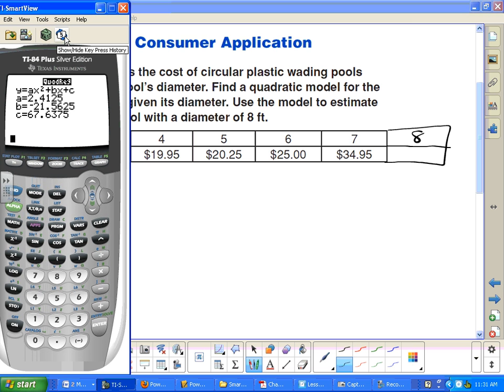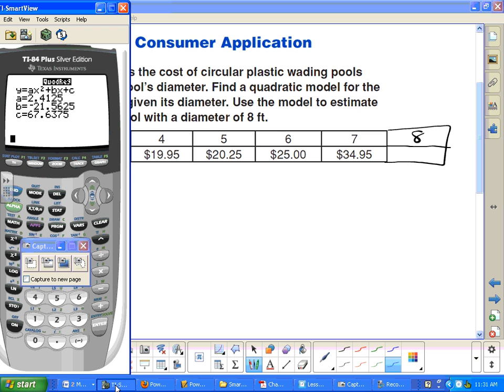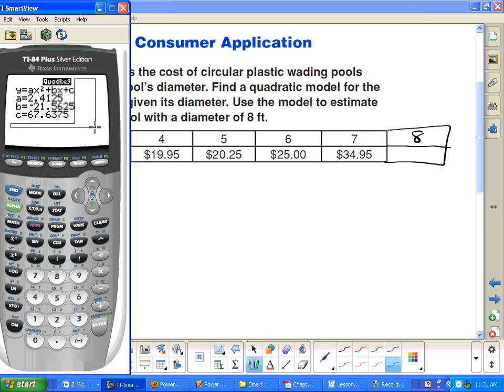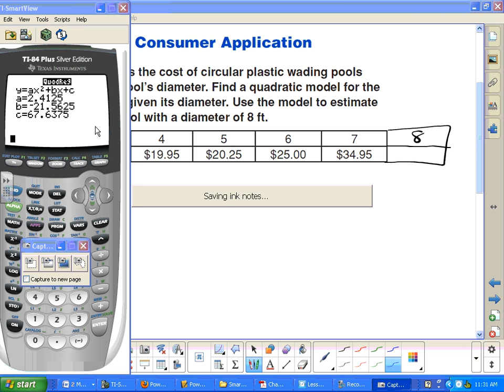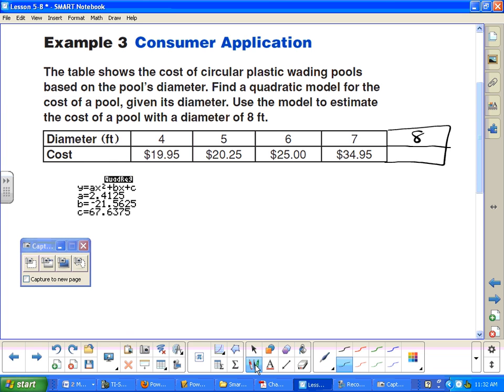So we have our function then, so f of x equals 2.41x squared minus 21.56x plus 67.64.